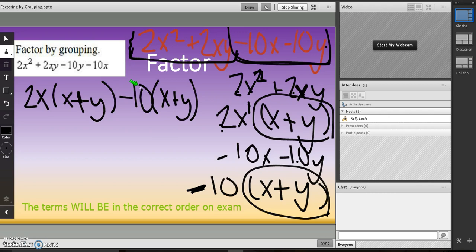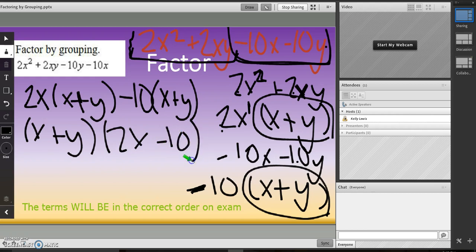All right, so now we have what's in common. They're x plus y. And then we have the 2x minus 10. Okay, this one has one tiny more step because here we have a 2x minus 10. Okay, and so 2x minus 10, you can take out a 2.